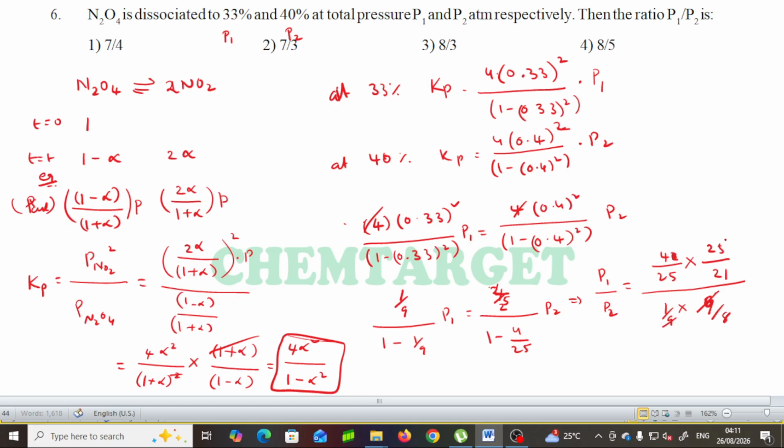Cancel this one, 25 25. This is going to be 4 by 21 into 8, so 32 by 21, whose value is matching with option 4.